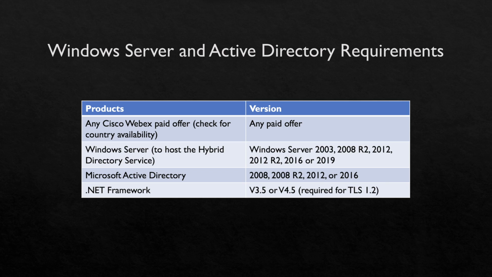In addition to the requirements that are listed here, the computer or server where the Directory Connector is installed must also meet certain hardware requirements. So it needs to be running on 8 gigs of RAM or more, have 50 gigabyte of storage space to be able to download the connector and install it, and there must be no minimum for the CPU.